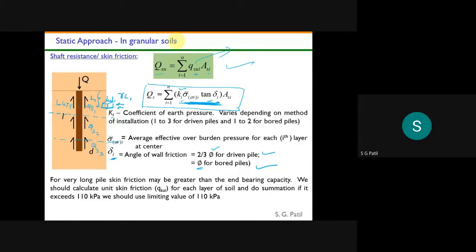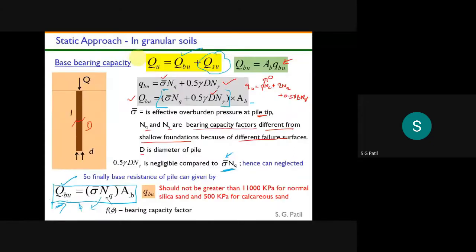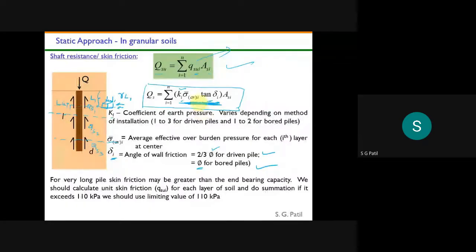So any doubt regarding these two calculation parts? First we have to calculate the base resistance from this formula, and then we have to calculate the shaft resistance from this formula. Then the combination, total Q, is equal to Q ultimate base resistance plus ultimate shaft resistance.